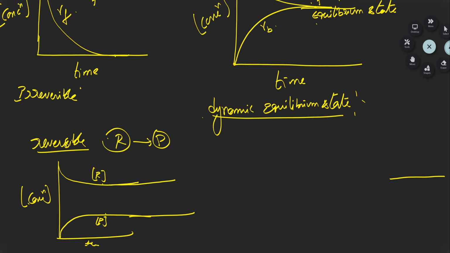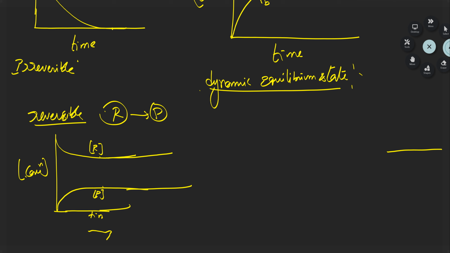With the difference in concentration also, they will show the same at the 1 minute. With respect to time, the concentration of products and reactants will not be equal, but it will be constant with respect to time. See here, the reactant concentration will be constant.